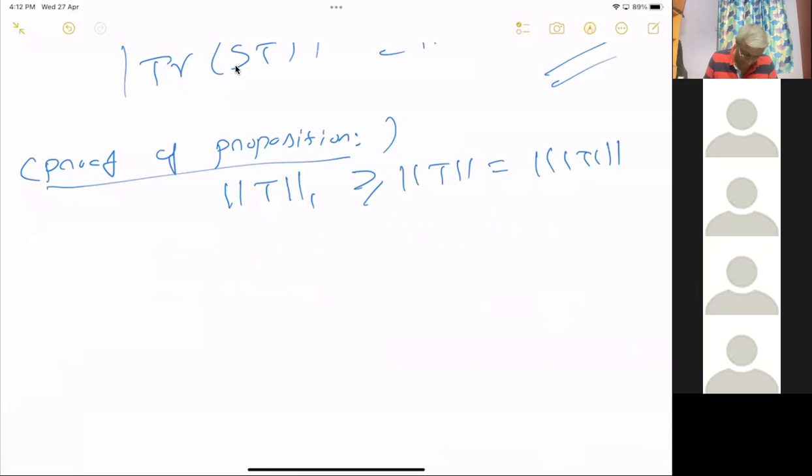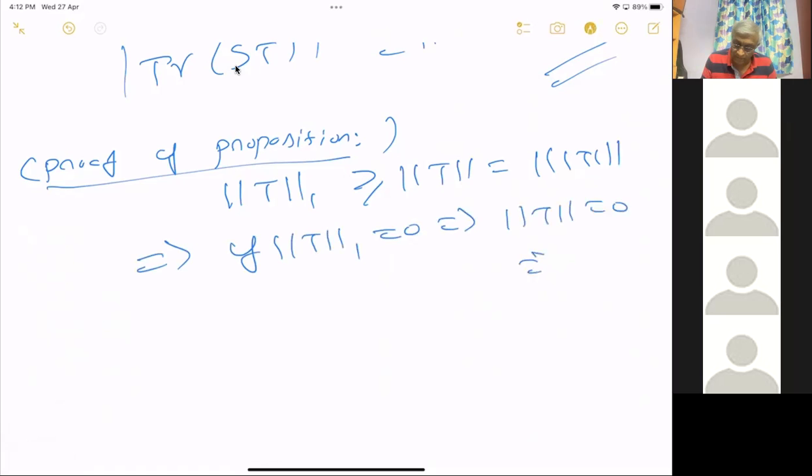Because of this, if the trace norm of T is 0, then the norm of T is 0, which implies T equals 0. So the norm is positive now. We have to prove the triangle inequality.